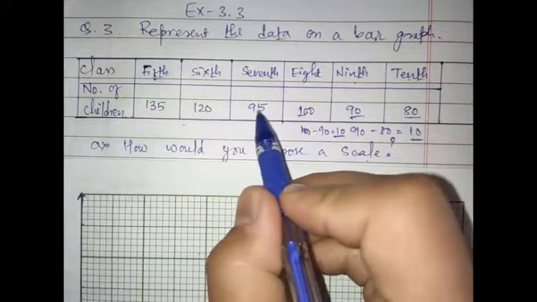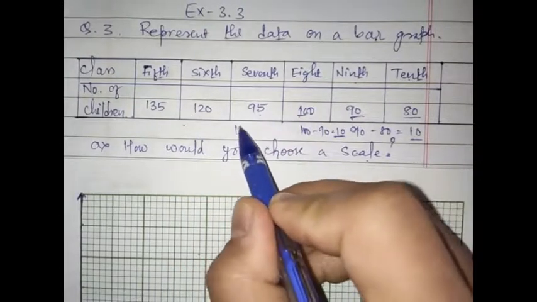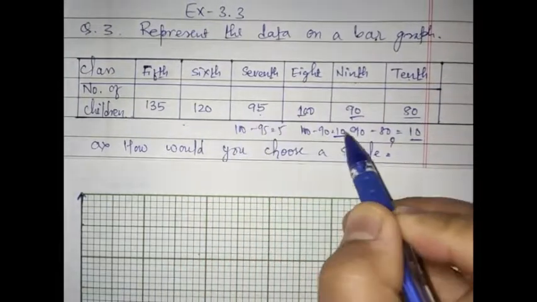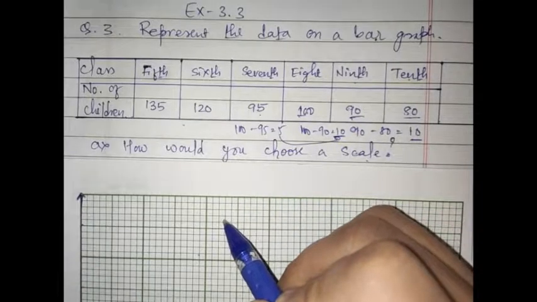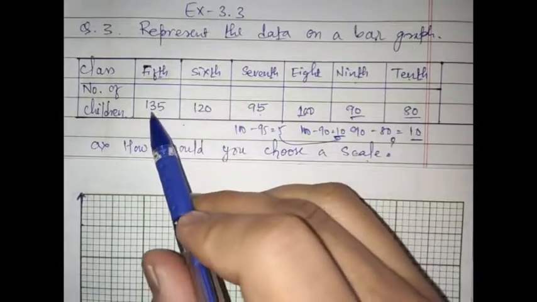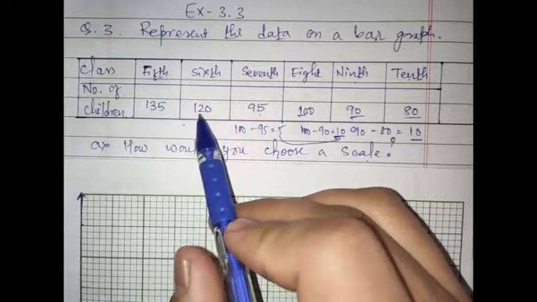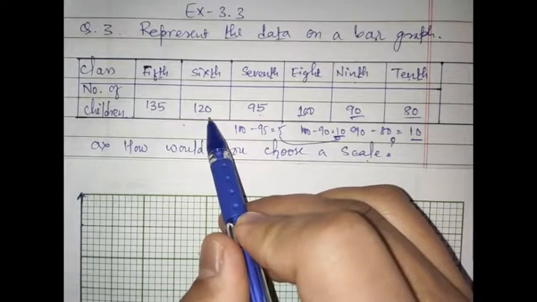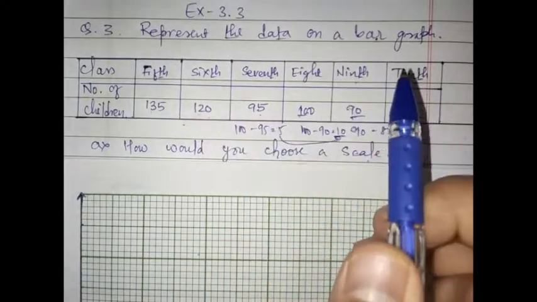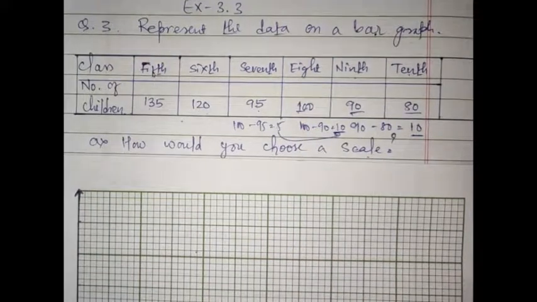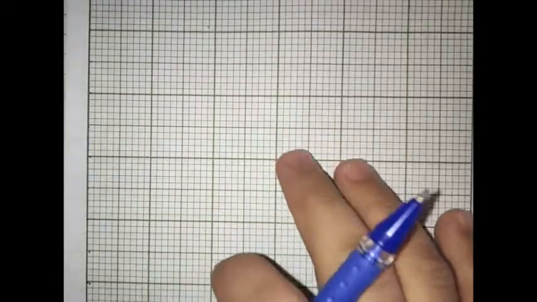If you subtract 100 minus 95, it is 5, so this 5 can be adjusted within this 10 only. Similarly 135 minus 120 is 15, so this also can be adjusted. So using this concept, we are going to make the bar graph in the graph copy.